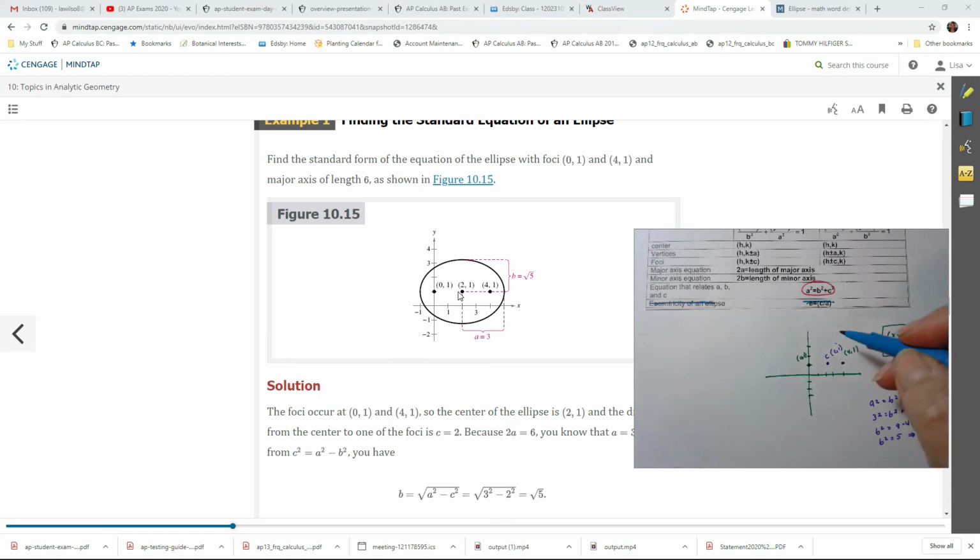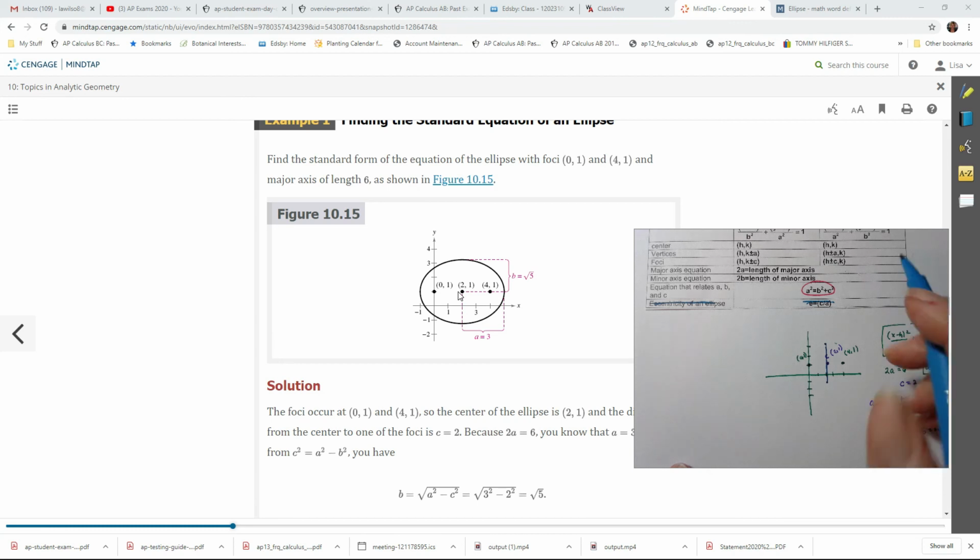From the center, if I go a little more than 2 above and a little more than 2 below, this is going to represent my minor axis.